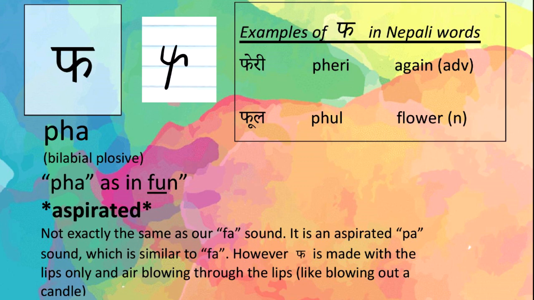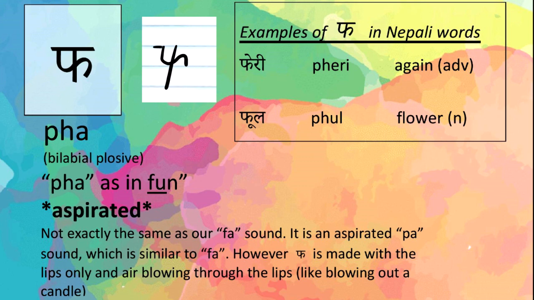After pa is pha, which although I have it written as fa, as in fun, that's only because our English letter F is the closest sound to pha. This is an aspirated pa sound. We make the F sound with our teeth and lips, but to correctly pronounce this Nepali consonant, the sound is made with the lips only, and air that blows through the lips.